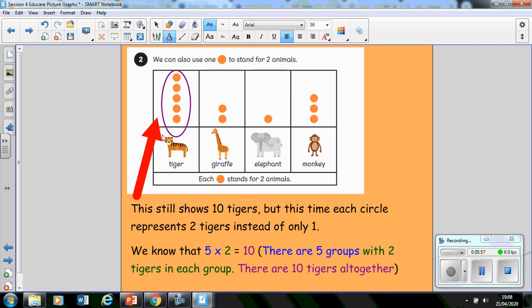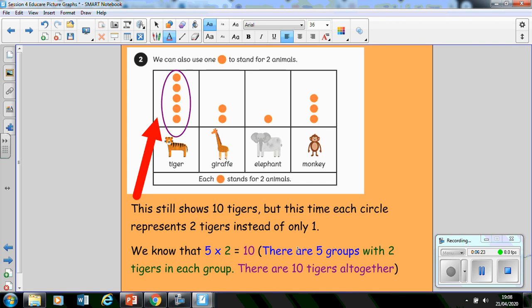Here it shows that there are 10 tigers. But this time the circle represents 2, or the spot represents 2 instead of only 1. So we know from our multiplication facts that 5 groups of 2 equals 10.